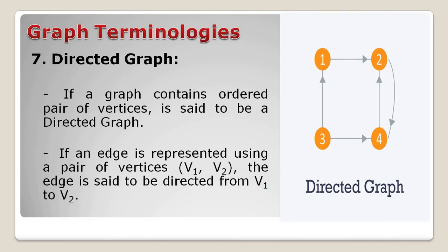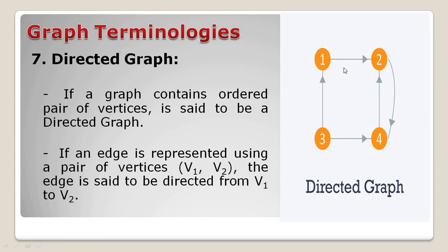That is, the edges point in a single direction. If an edge is represented using a pair of vertices like V1, V2, then the edge is said to be directed from V1 to V2. The first element of the pair, V1, is called the start vertex, and the second element, V2, is called the end vertex. That is what we call a directed graph.